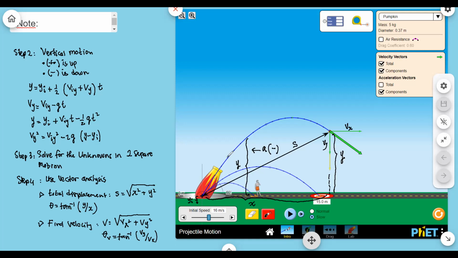For example, like this. Starting from the initial position and then continue. This is V and its components Vx and Vy. Continue. This is the final velocity also at this point. This is Vx and Vy. And same thing like this.